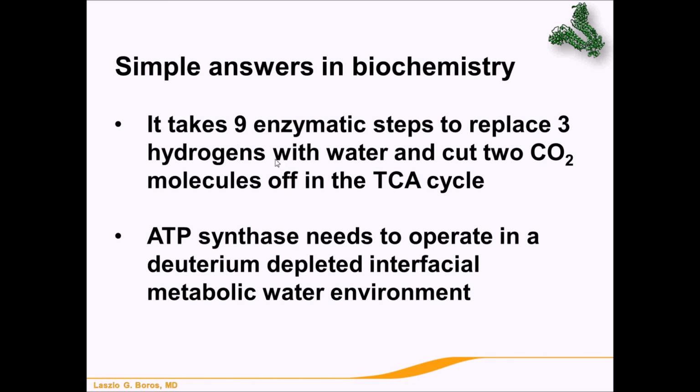And this is why the matrix water gets recycled through hydrating TCA cycle intermediates, cutting off the proton, oxidizing the carbon as CO2, and then those protons return in the form of water with the help of oxygen, what we breathe in. This is the biological oxidation process, and it starts the deuterium-depleted water recycling within the mitochondrial matrix and the intermembrane space, again, without allowing glucose to bring in any hydrogens.